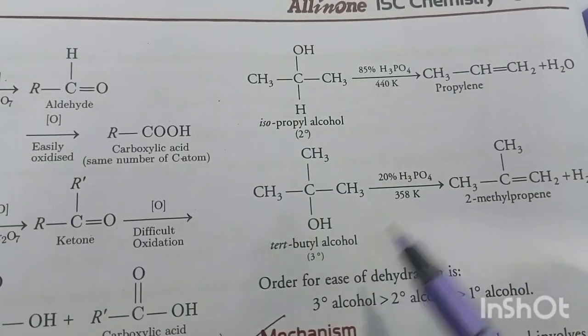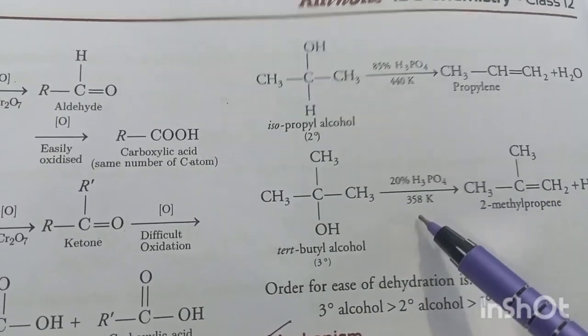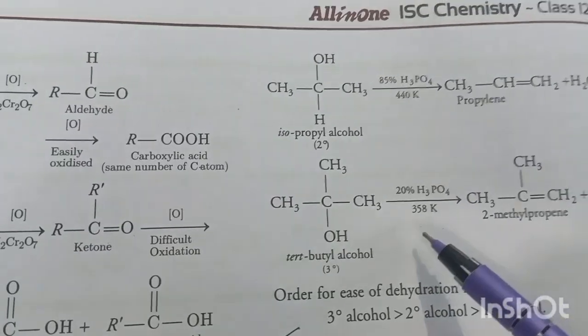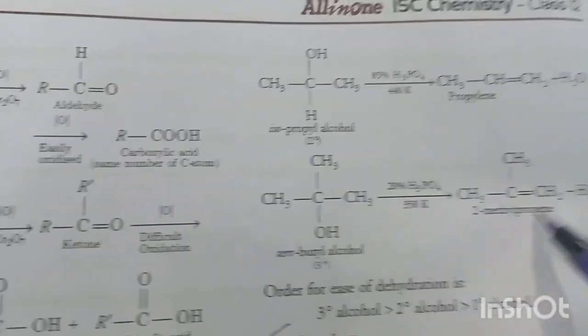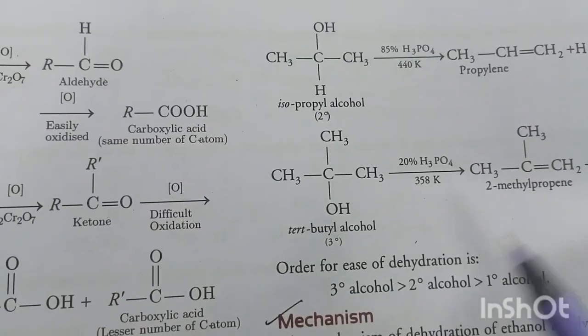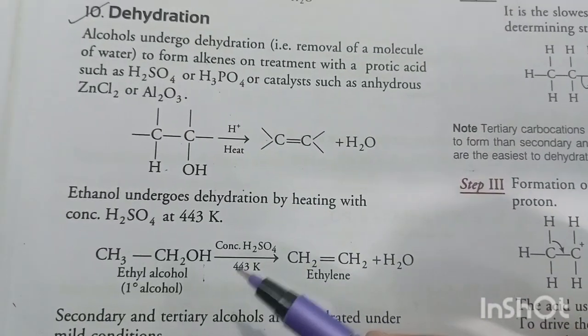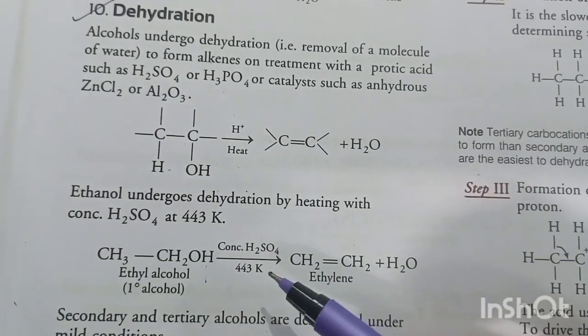Now tertiary butyl alcohol needs still milder conditions. Here it was mild, now the conditions are even milder: 20% H3PO4 and lower temperature. This leads to the formation of 2-methyl propene plus water. So for the order of ease of dehydration, see how the conditions keep getting milder. Firstly, in case of primary alcohol we have taken concentrated H2SO4 and temperature 443 Kelvin.